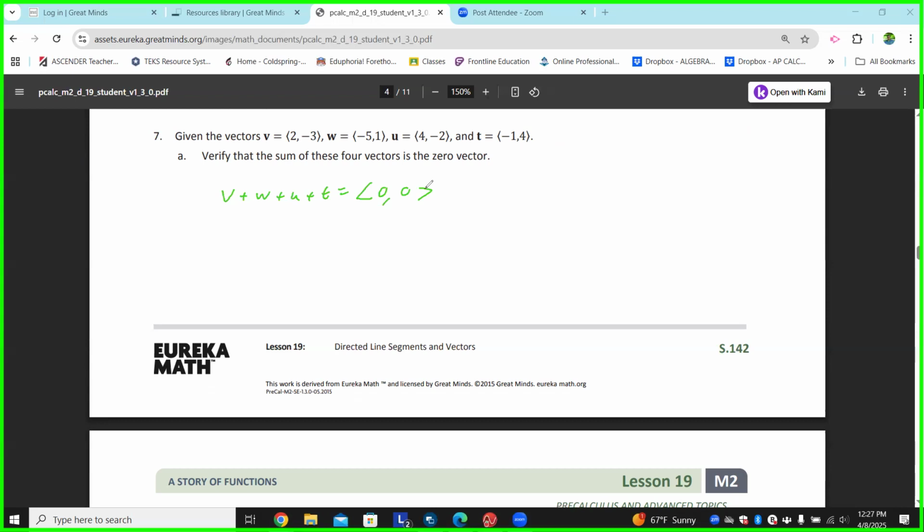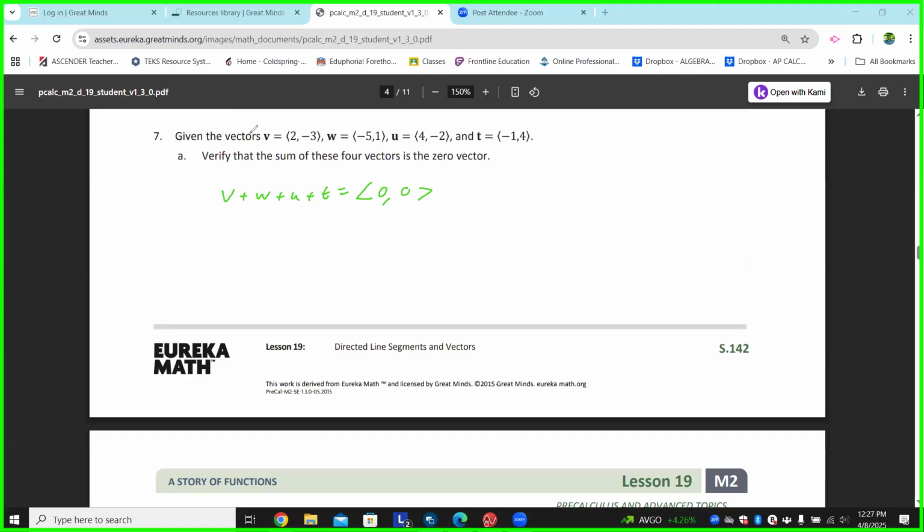Perfect. Again, 2 plus -5 gives you -3. -3 plus 4 gives you 1. And then 1 plus -1 goes back to 0. -3 plus 1 gives you -2. -2 plus -2 gives you -4. -4 plus 4 gives back 0. So we're all good there? Awesome.